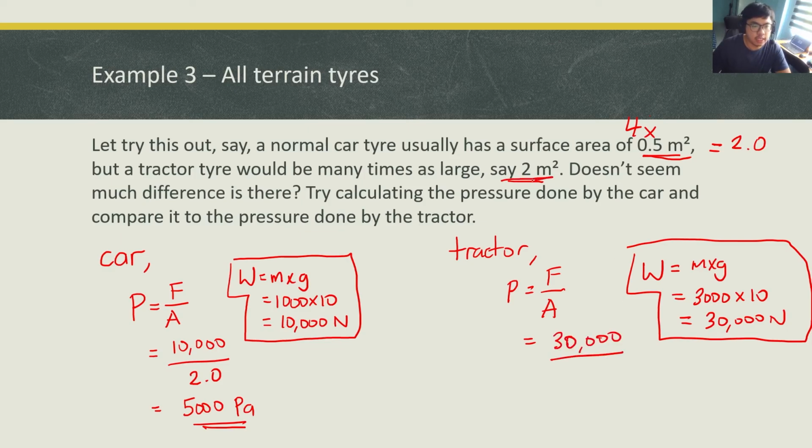One tire has a surface area of 2 meters squared and a tractor has 4 tires. So overall, in total, the tractor has a surface area of 8 meters squared. So 30,000 divided by 8 is 3,750 Pascal.